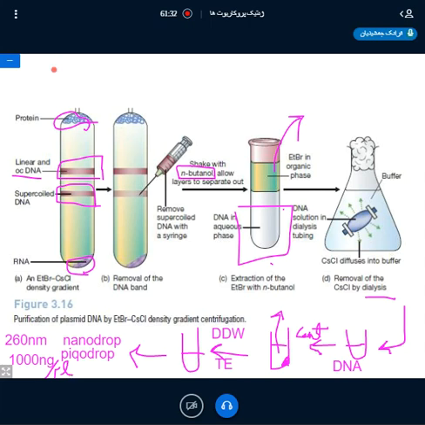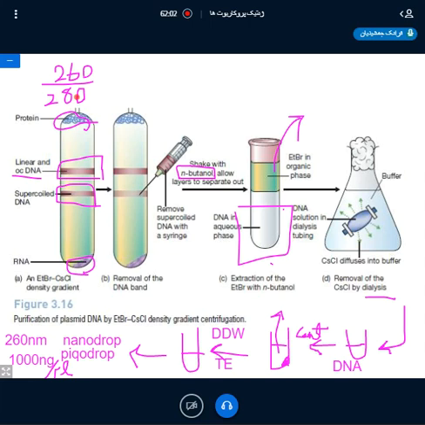And at the wavelength of 260 to 280, we can understand the qualification of the DNA. How? We can understand if we have any contamination in the DNA or not.